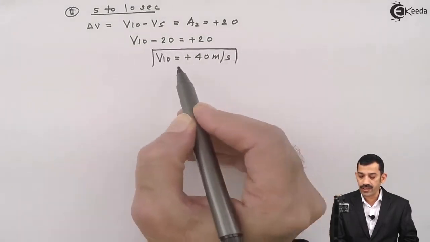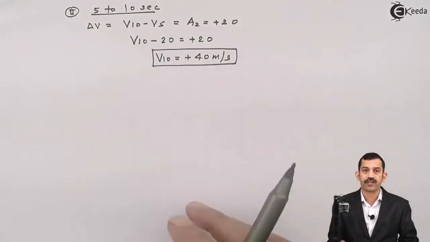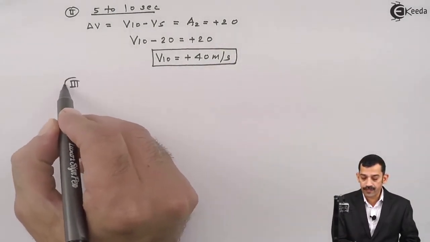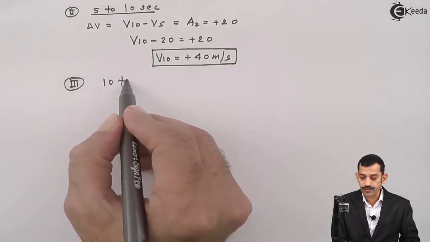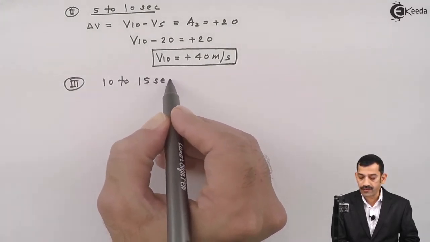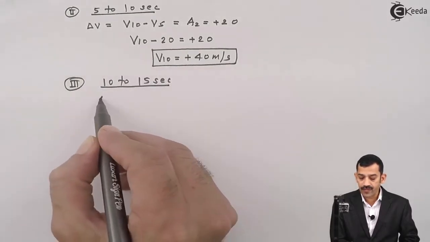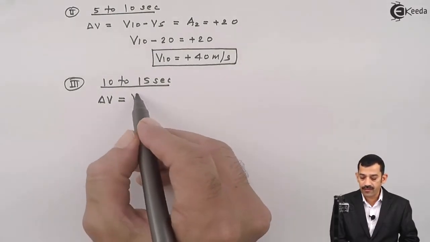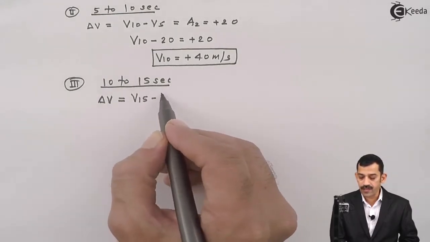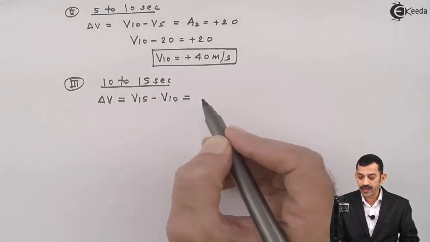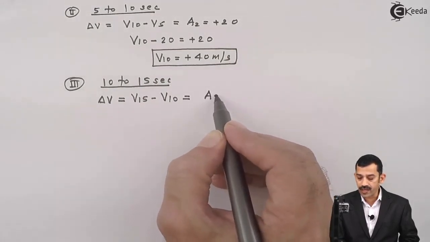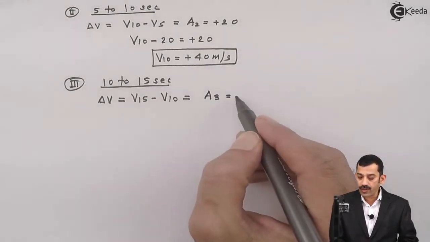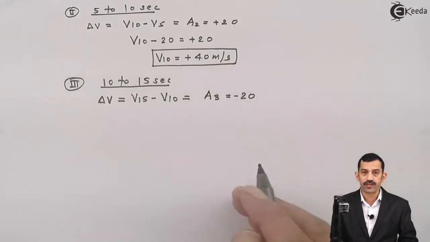Once we get velocity at 10 seconds, the next time interval we will take is 10 to 15 seconds. Now in 10 to 15 seconds, this delta V, change in velocity, is written as final, meaning 15, minus initial, meaning at 10 seconds. Now the area under the AT diagram is A3, which is negative, and we have already calculated it is minus 20.